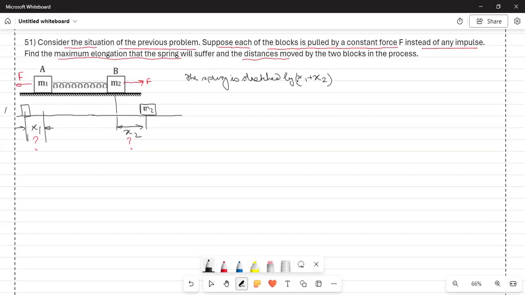So what is the increase of potential energy of the spring?